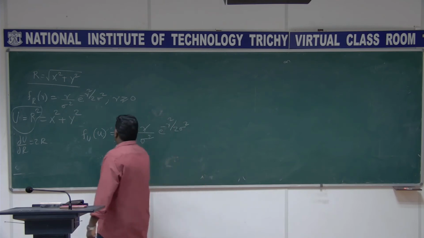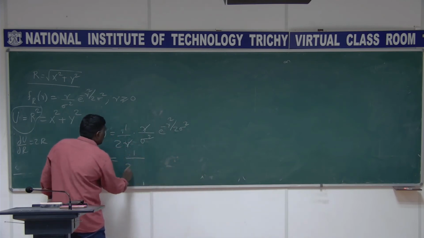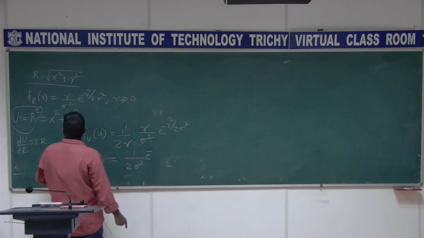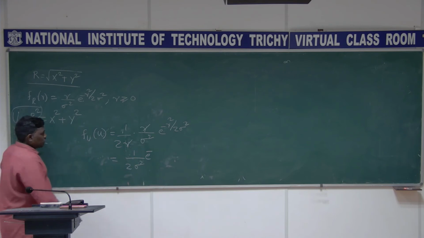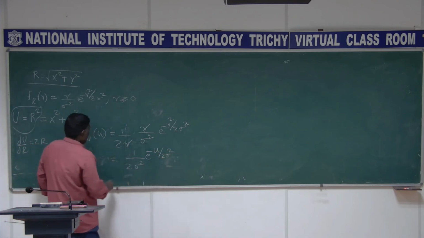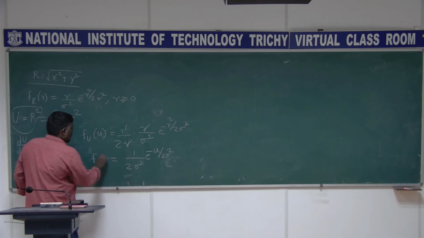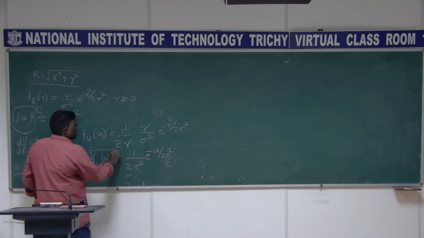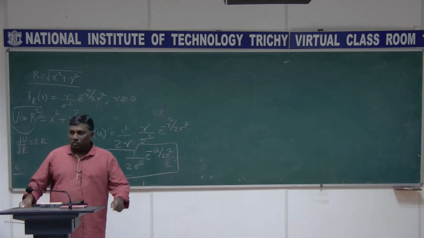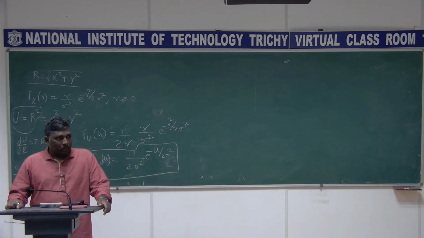And you get it as 1 by 2 sigma square, e power what? R squared is what? U. So I will write it as U by 2 sigma square, and this is your Fu of U. This result is needed for tomorrow's discussion, right?